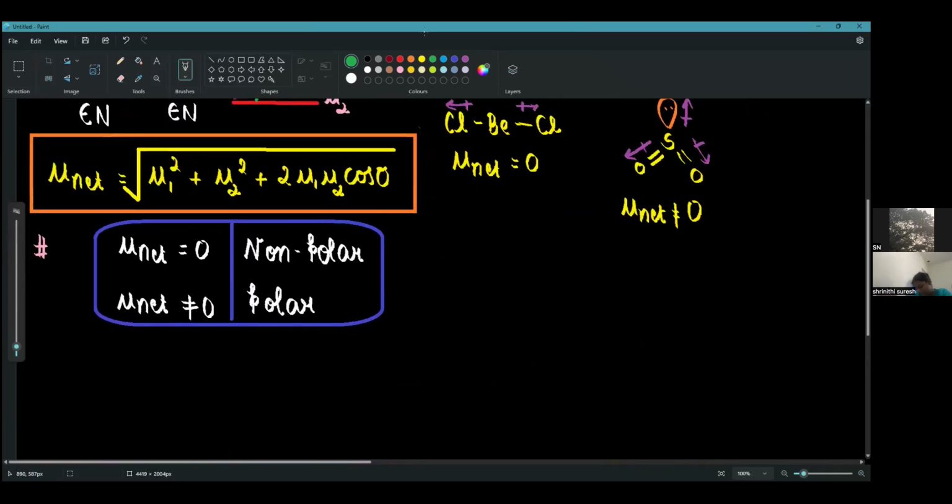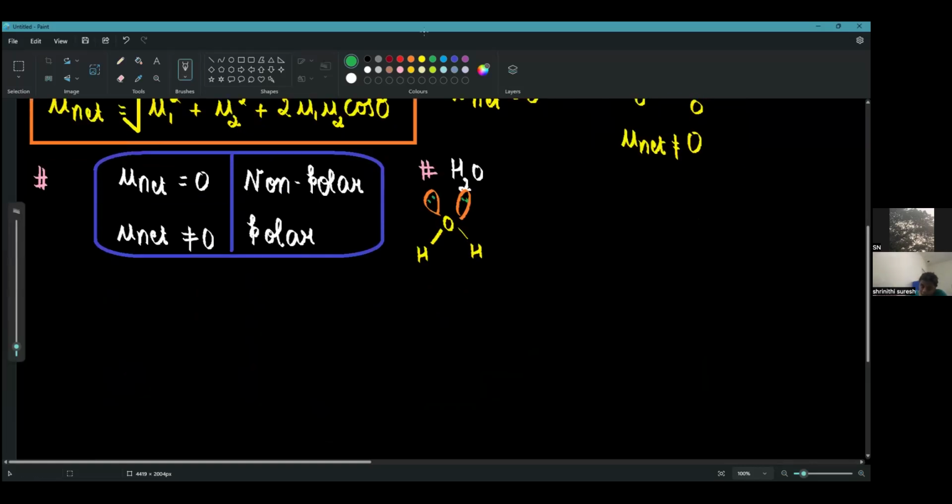Okay, now let's talk about the next case. The next case for us will be H2O. For H2O there will be two lone pairs of electrons, and the lone pairs will have their own dipole moment.